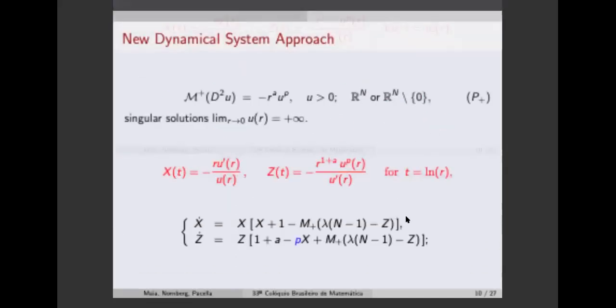With these two new variables, we can take the derivative with respect to t, and using the equation in the radial form, obtain the following dynamical system. x dot, which is the derivative with respect to t, is equal to this expression in powers 2 of x and xz, and z dot is equal to z times this expression.